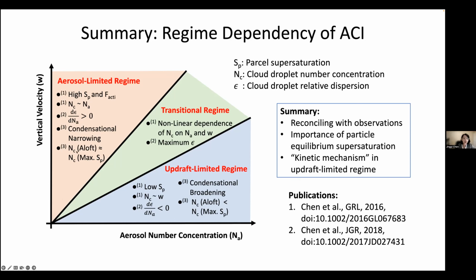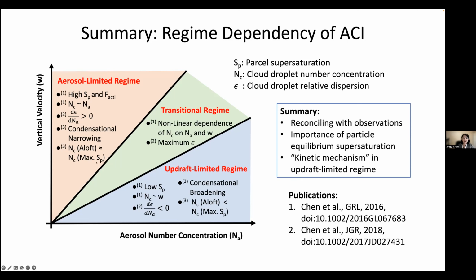And the fourth bullet is condensational narrowing, which we know maybe from our microphysics class. When the large droplets grow slower and smaller droplets grow quicker, then the droplet size distribution is narrowing with height. But in the updraft limited regime, it's different. It's broadening. This one has been talked about a lot in previous studies.